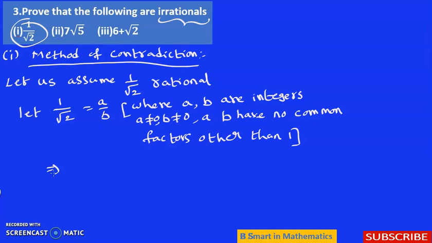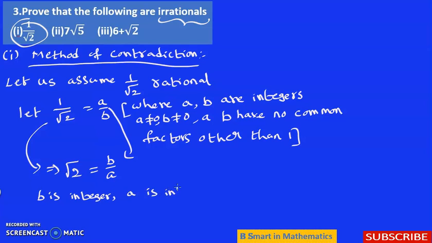Now we are going to write the reciprocal. What is the reciprocal of 1 by root 2? Yes, the reciprocal of 1 by root 2 is root 2. Now what is the reciprocal of a by b? B by a. Now see here, b is an integer. We know clearly a is also an integer, and a is not equal to 0.